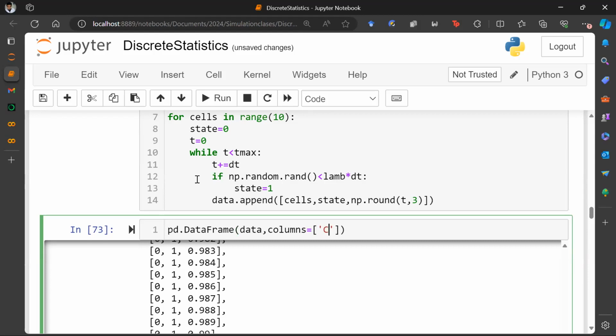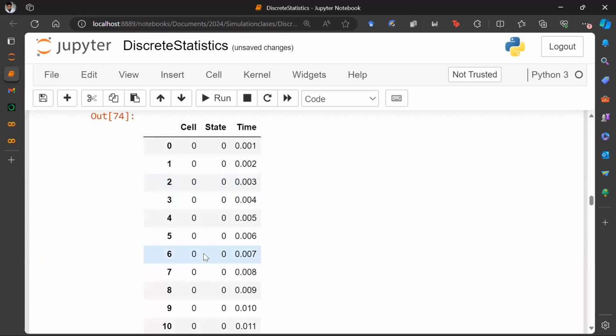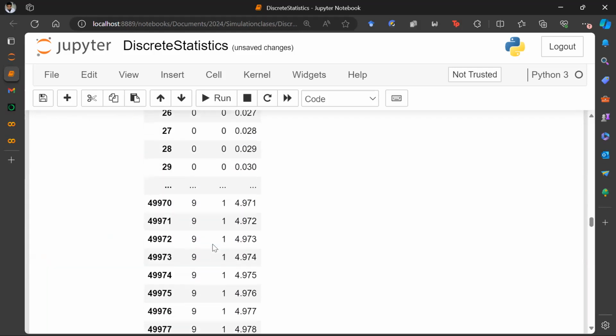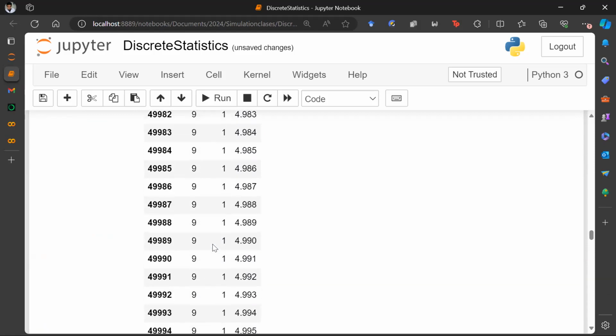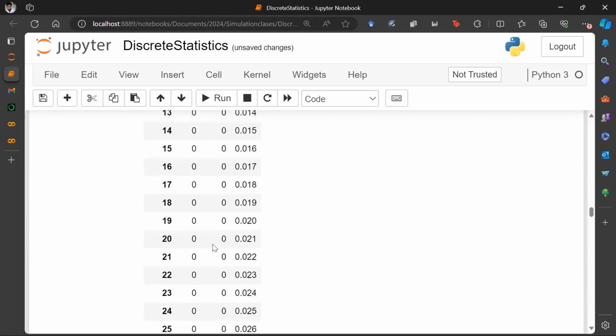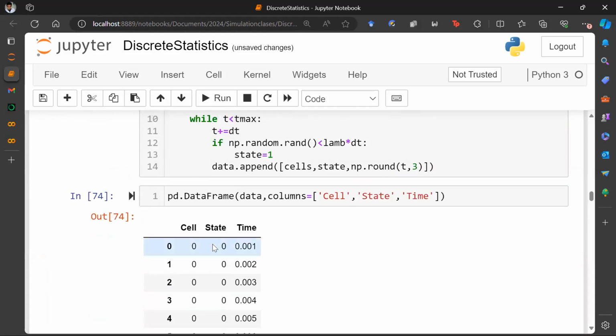The first column is going to be cell. The second column is going to be state. And the third column is going to be time. Run it, and you see the data frame.